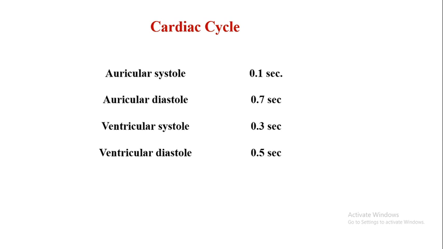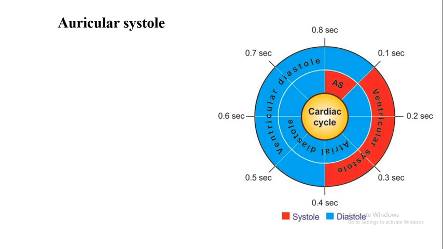In this way, auricular systole and diastole are completed in 0.8 second, and ventricular systole and diastole are also completed in 0.8 second. If you sum the auricular events, they take 0.8 second, and the ventricular events also take 0.8 second.